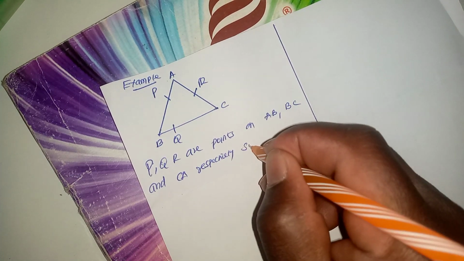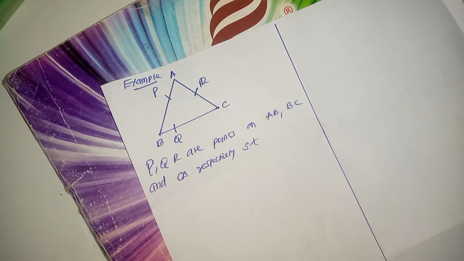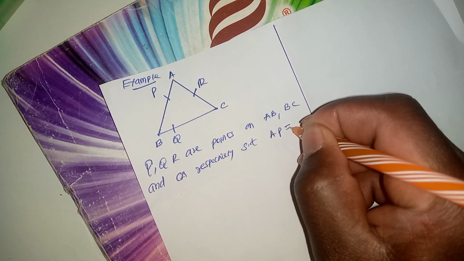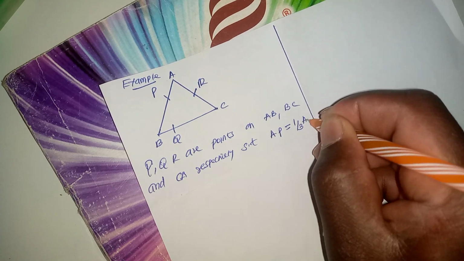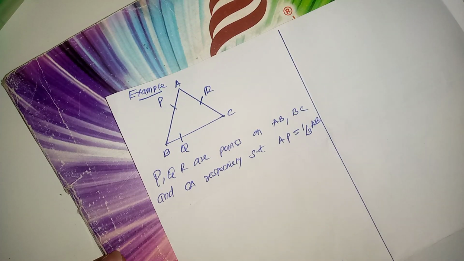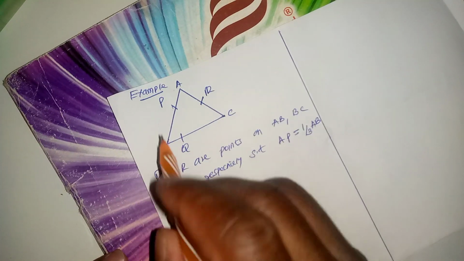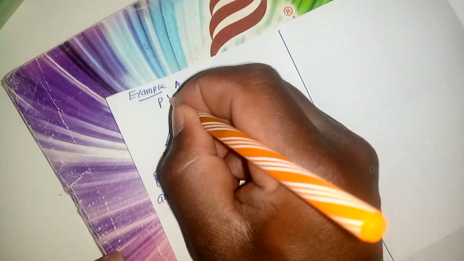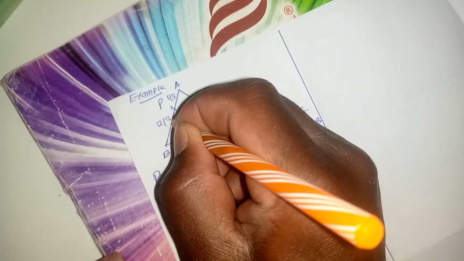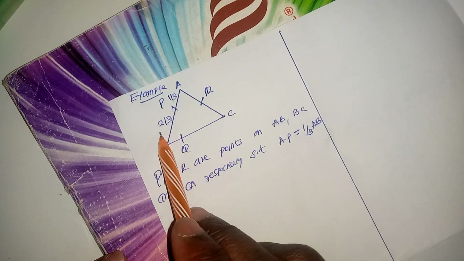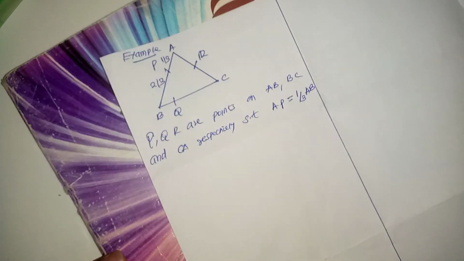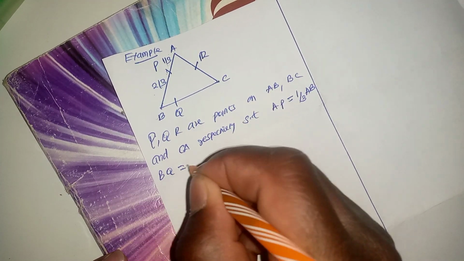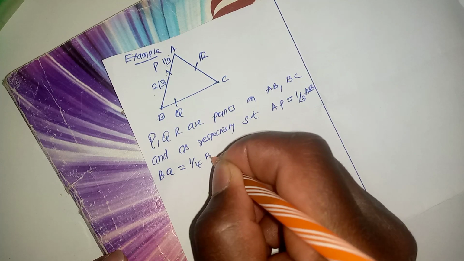Such that AP is equal to a third of AB. Now this is AP, a third of AB. This means that this is 1/3, and this is 2/3. We are given that BQ is equal to a quarter of BC.